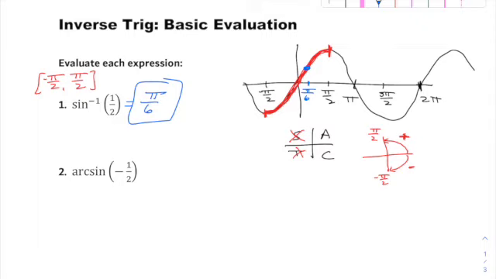And for arcsine of negative 1/2, when does this have a value of negative 1/2? If you're thinking of your quadrants, okay, well, we're talking about quadrant 4, that's where sine is negative, but don't give 11 pi over 6, that's going the long way around, that's going past pi over 2. You want to go the short way, which is just go in the negative direction. So go negative pi over 6.